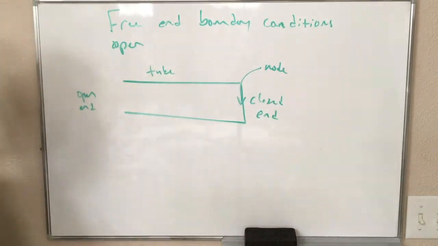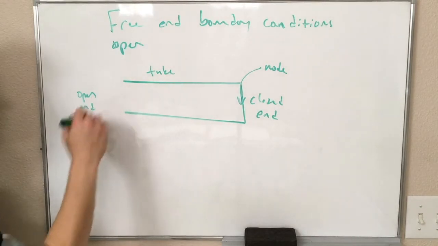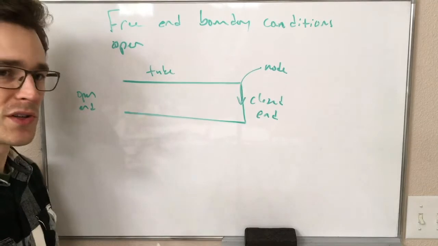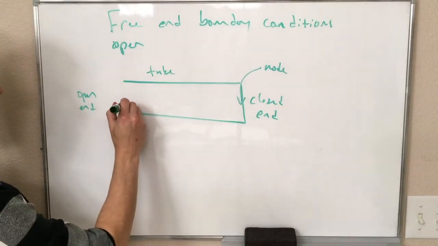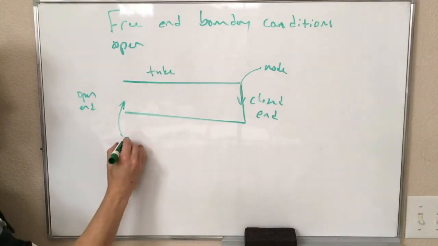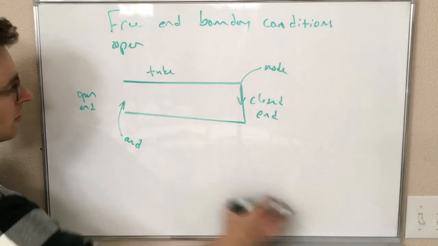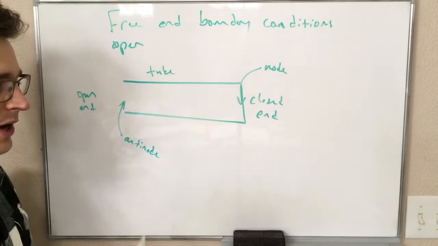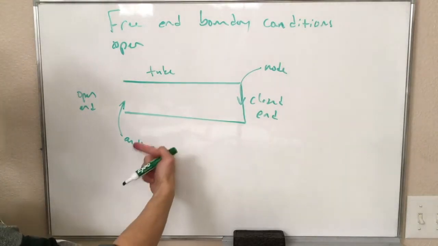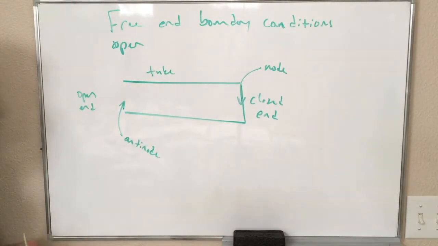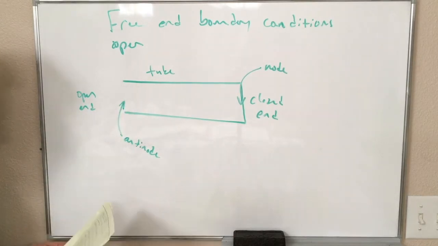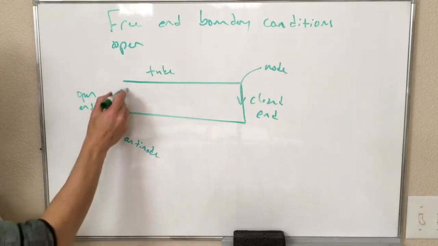Where there's an open end, where it's free to move, mathematically, we can show, if we had more time and really wanted to, that this end has to be an antinode. The same would be true if you had a floppy end of a string allowed to move up and down freely, but we'll just think about the tube. So the tube has to have an antinode at open ends.